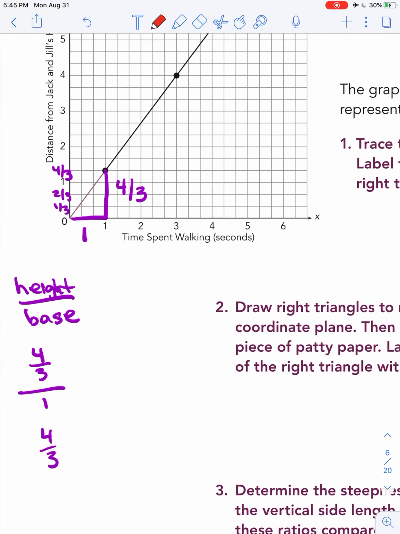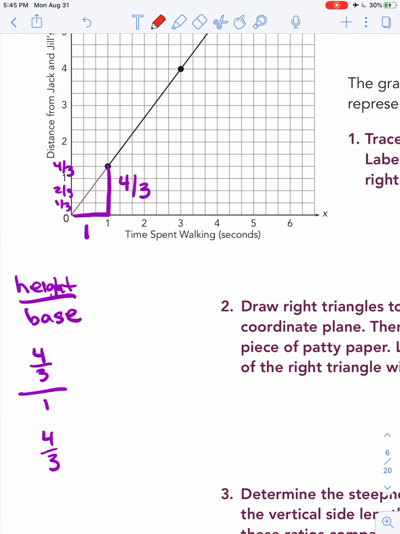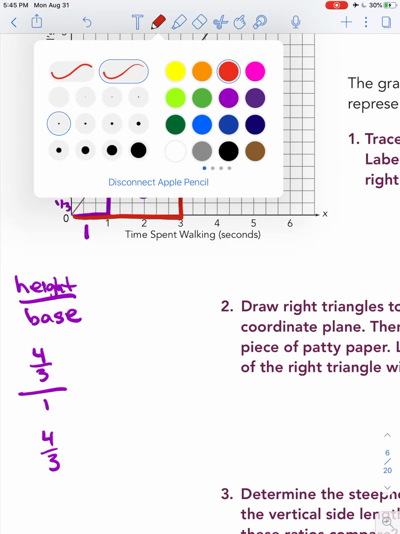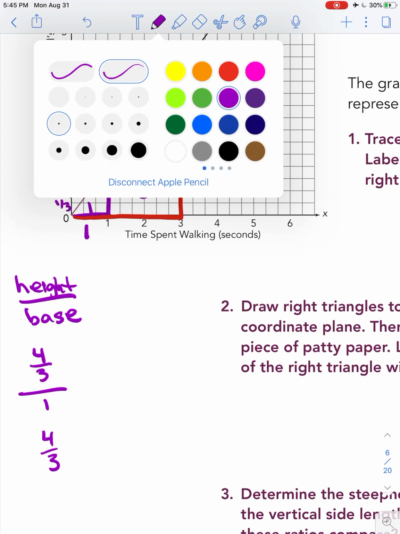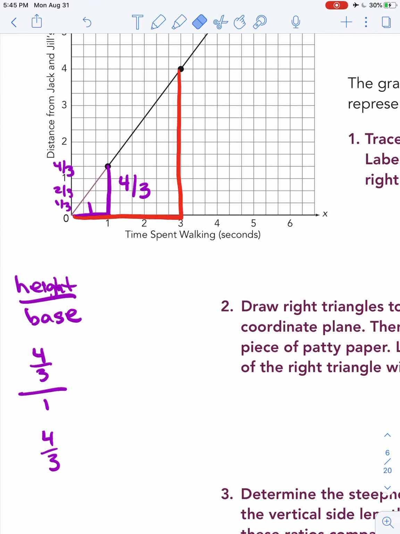If I'm talking about the next triangle, and I used a different color. Oh, you know what? We're going to write the little 1 in there, change it back, and erase this. There we go. So, how tall is that? Well, it goes from here all the way up here.